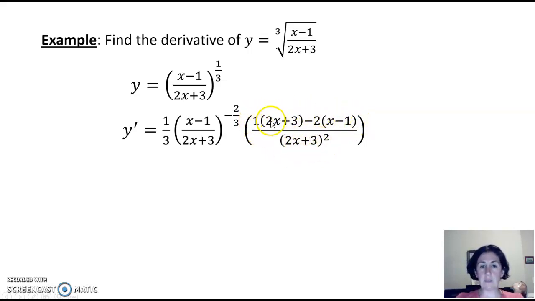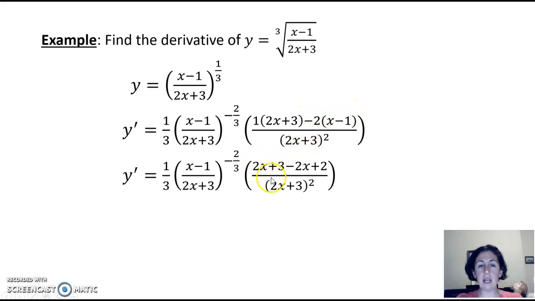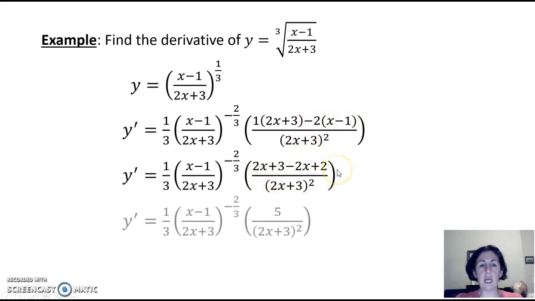Now this right here is something that's easy to simplify. Distribute the 1, doesn't change anything. Distribute the −2, and then I can combine my like terms to see I have 1/3 times ((x − 1)/(2x + 3))^(−2/3) times 5/(2x + 3)².